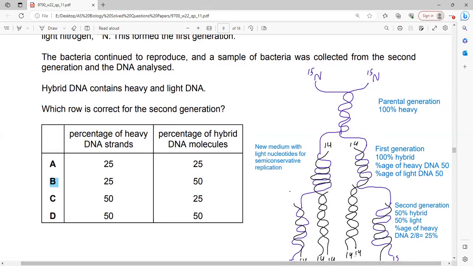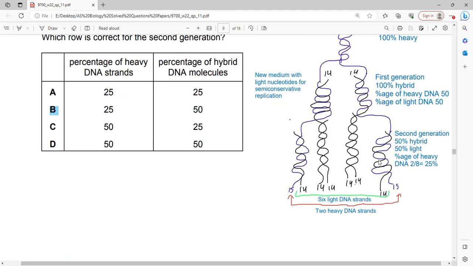So what about the second generation? Once again, the DNA will split into two strands. Now each single strand will form a complementary strand. So in this way, we have two hybrid and two completely light DNA molecules. So in the second generation, 50% is hybrid, 50% is light.